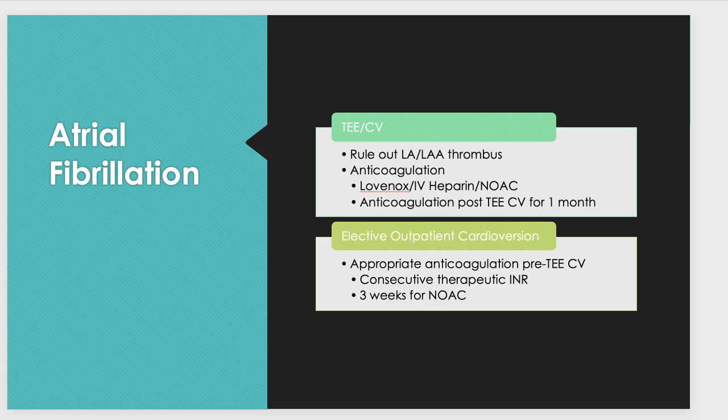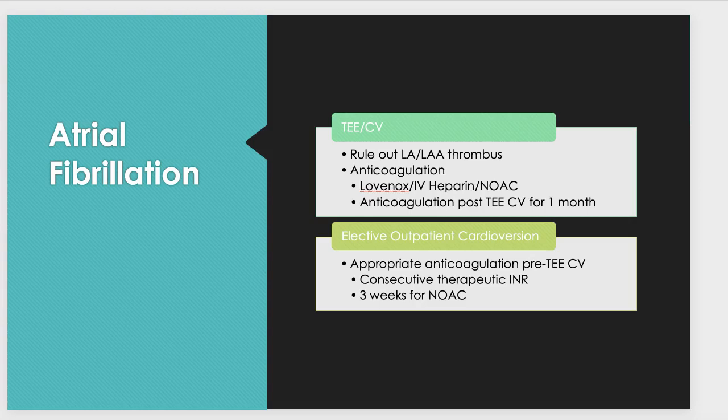If you have a patient you want to get out of atrial fibrillation, and they have not been on oral anticoagulants, we need to start those, and they need to have a TEE and cardioversion first. Then they need to be on anticoagulants post cardioversion for at least 1 month, no matter what their CHADS-2 VASc score is.